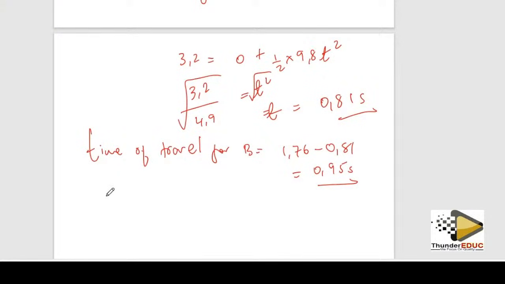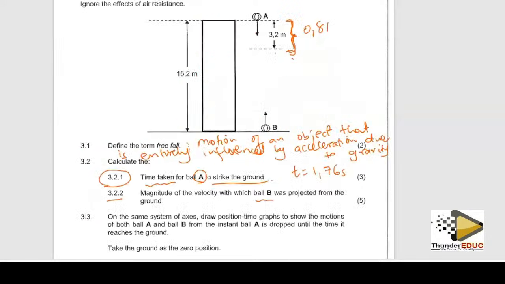Okay? So if this is the total time of travel, I can look at a point where this object goes. I don't know where it ends, no? But then it's going to come back down. So it's saying the total time is 0.95 seconds.